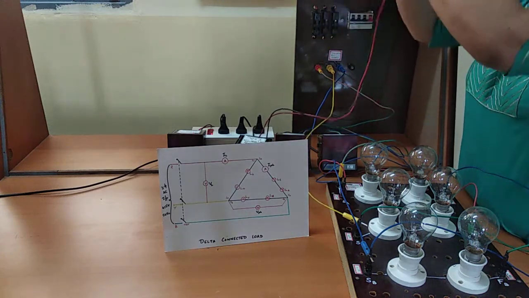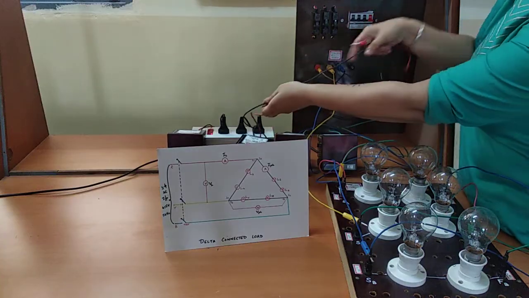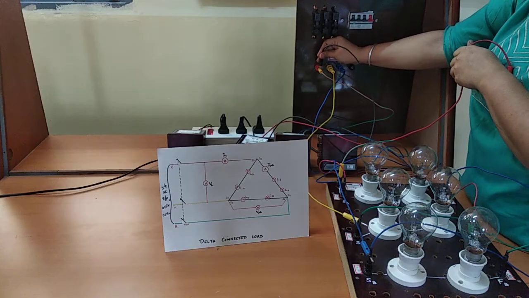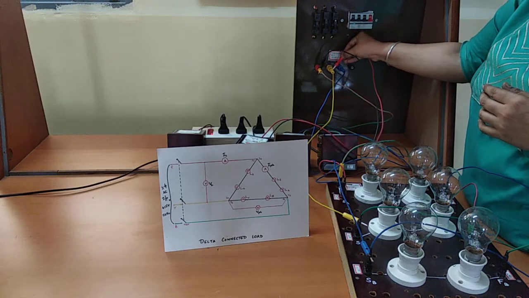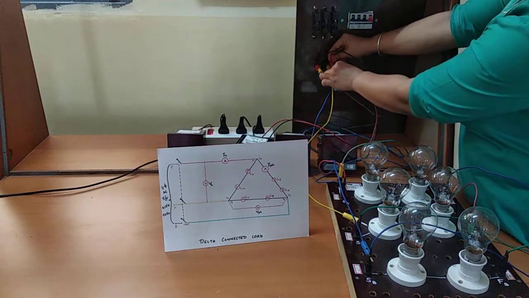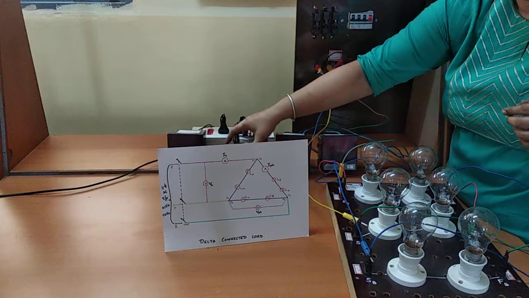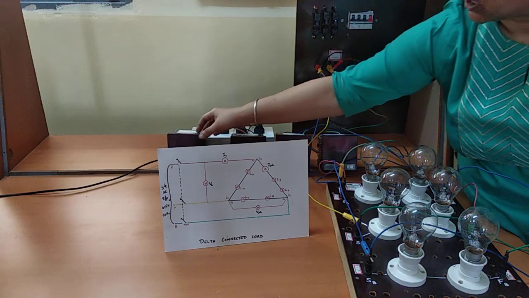One goes to R phase and the other goes to Y phase. Remember, in AC, the polarities do not matter much, so you can connect without any worries, because they keep changing polarities in every cycle.